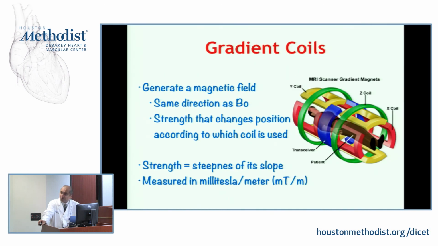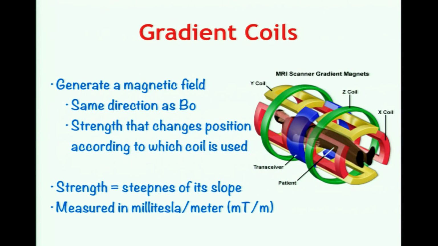Let's get past this in the interest of time. There are a couple of other things that are important to be aware of. In addition to the strength of the magnet, which is 1.5 or 3 Tesla, there's the strength of the gradient coils. We'll go through the purpose of these gradient coils, which is basically to cause an alteration in the magnetic field.